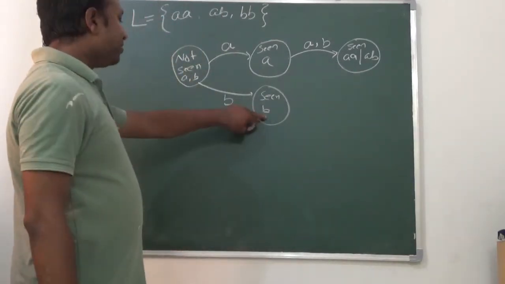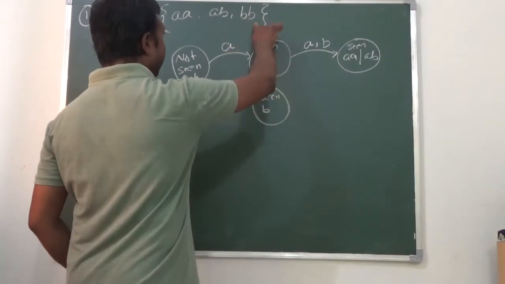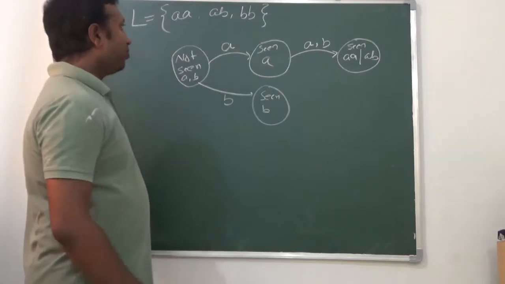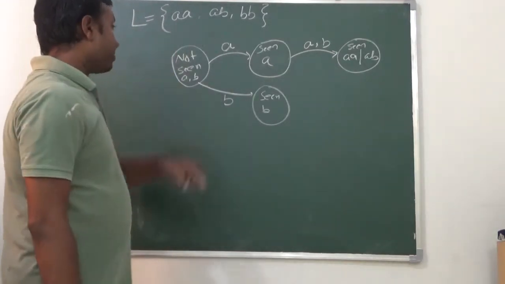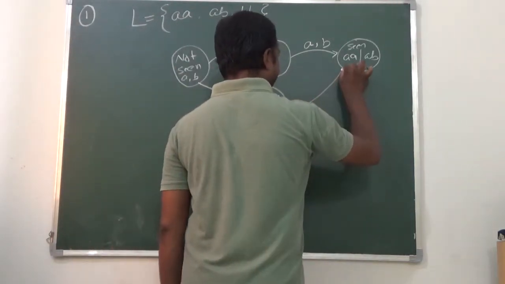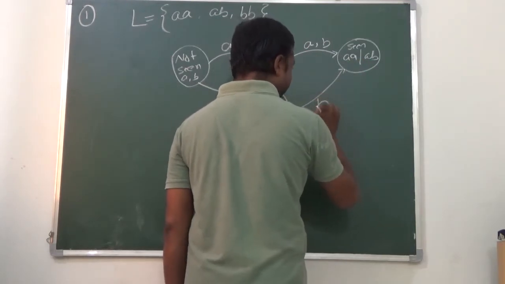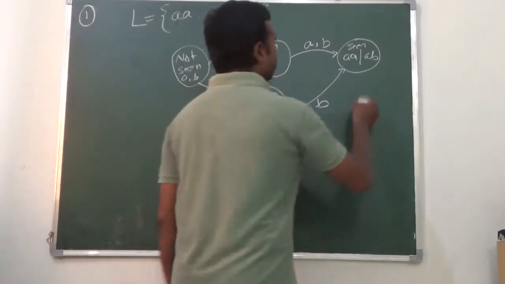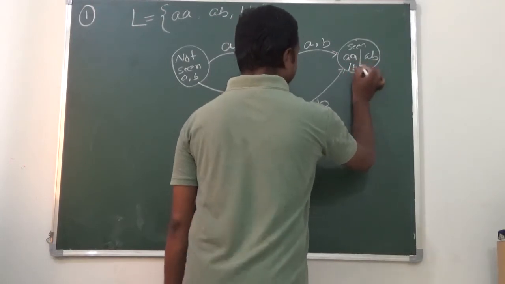But if you have seen B, then it should be noted from this language that the next permittable symbol is only B. So if you have seen B, then you have seen either AA or AB or you have seen BB, right?